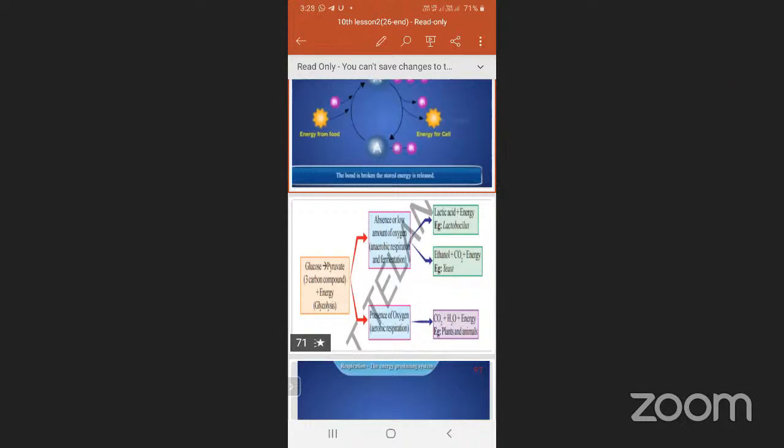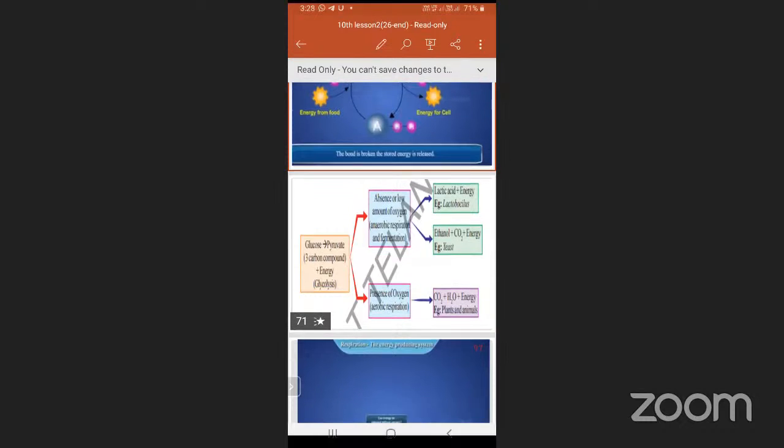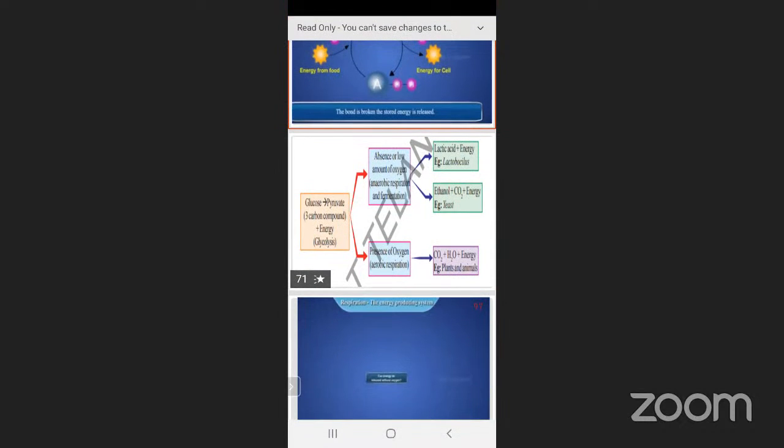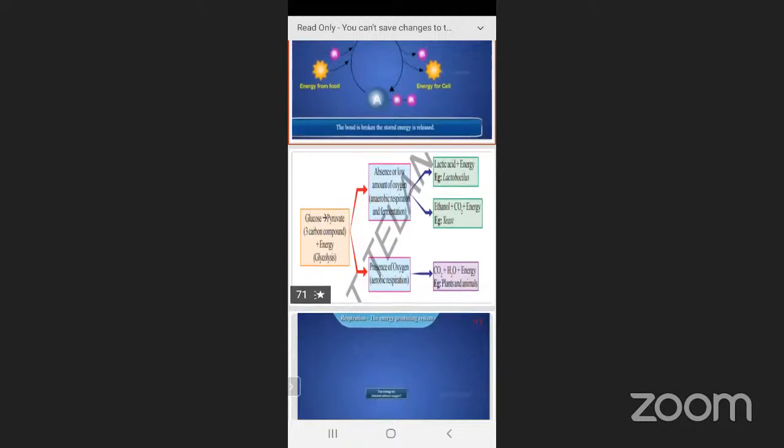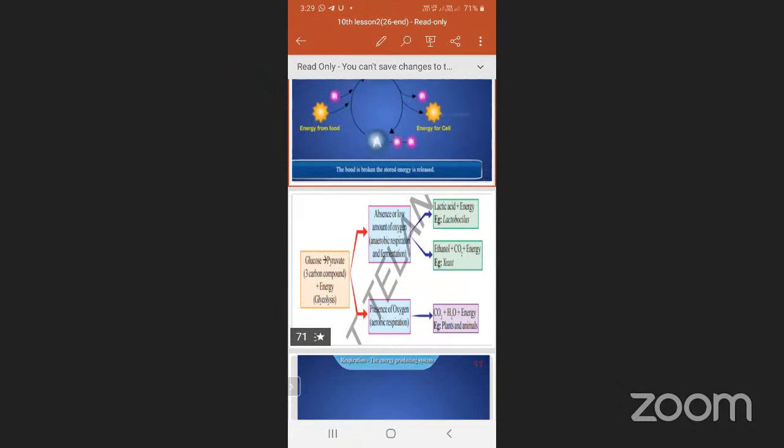In aerobic respiration, carbon dioxide, water, and energy will be produced. Examples are plants and animals, like human beings also. The best example for that.